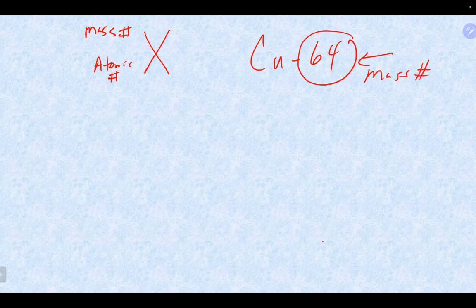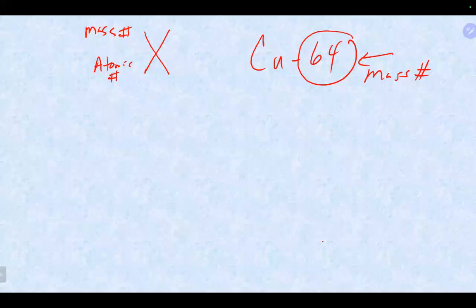So sometimes people will write a symbol dash a number, and that number that they give you is the mass number. Once again, we know that because if we go to the periodic table, we can see copper's number 29, which would be its atomic number and the number of protons. Any questions on any of that stuff there?